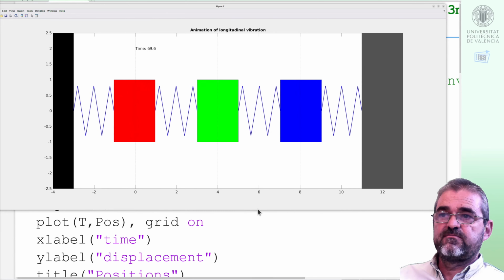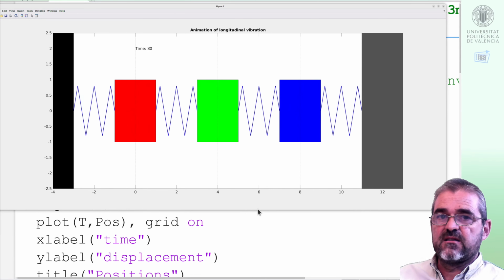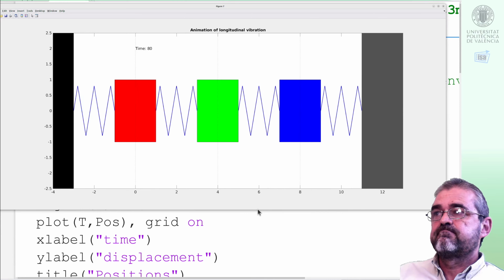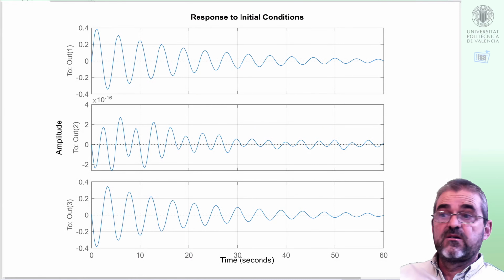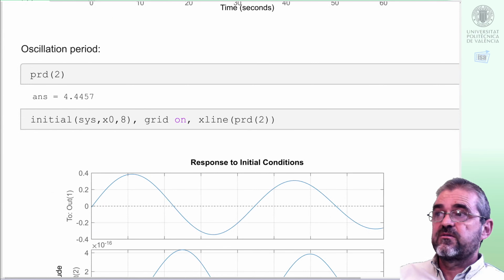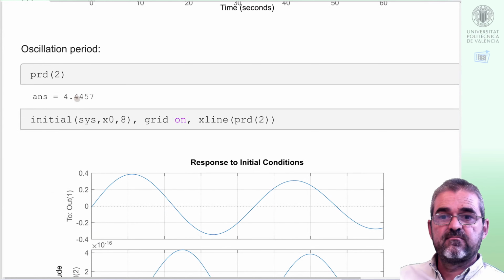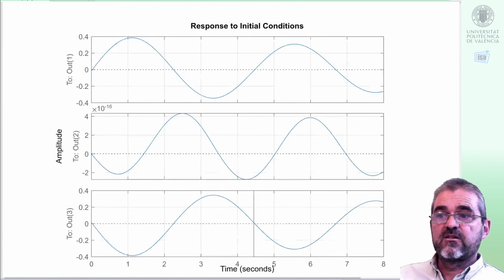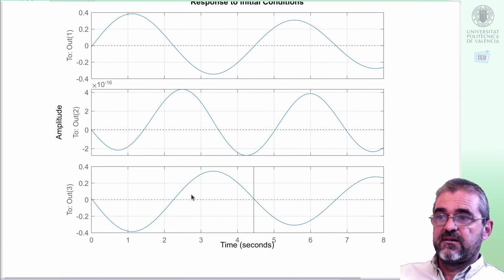Settling time: now only residual vibration remains, and I finished the simulation at 80 because I wished to. Again, the oscillation period is 4.4 seconds. If we zoom in on the initial condition response, we can confirm that the oscillation period is as theory predicted.